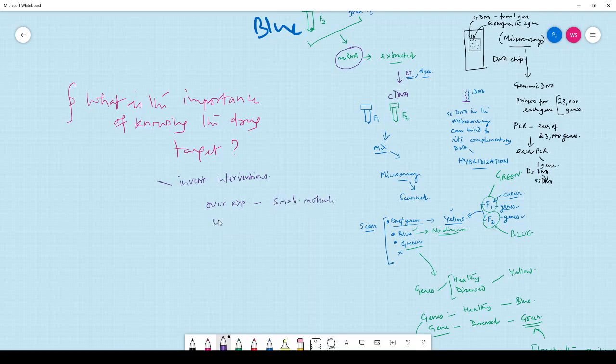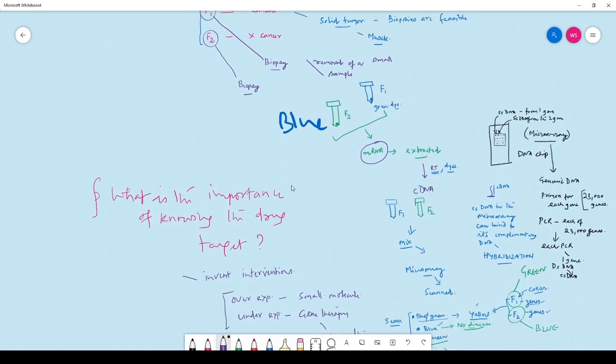If it is underexpression, then we can think about a gene therapy, which is aimed at replacing the defective gene. So that is the importance of knowing the drug target.